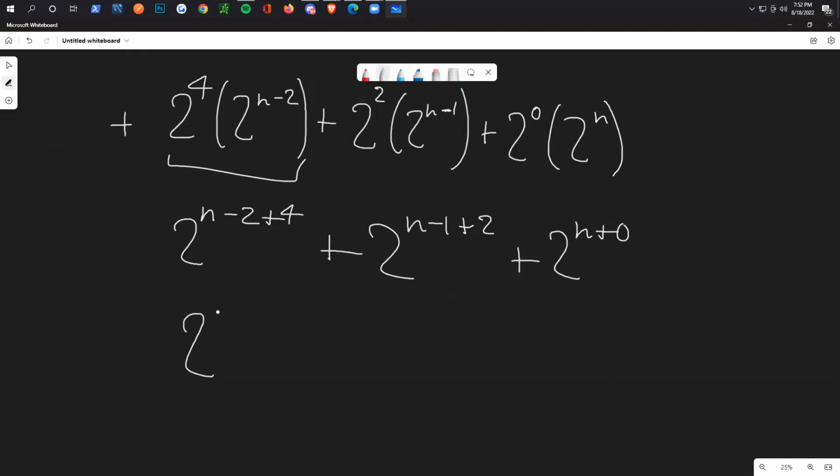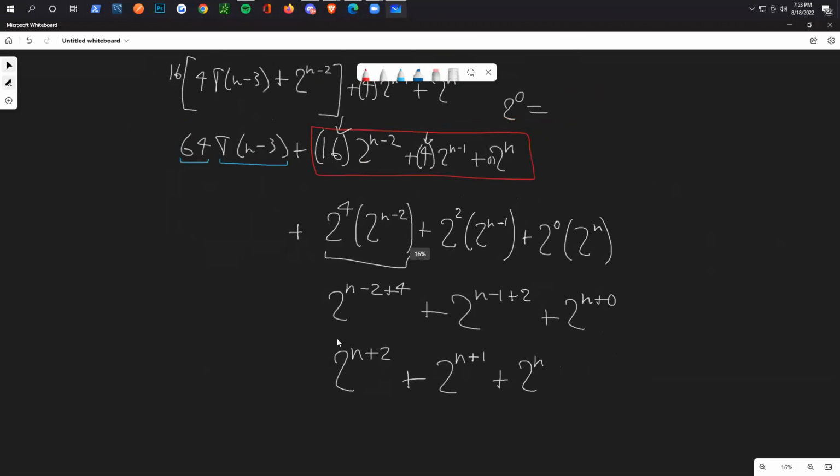So now let's just do the algebra. So 2 to the n plus 2 plus 2 to the n plus 1 plus 2 to the n. So now we can see that there's something clearly happening right here.